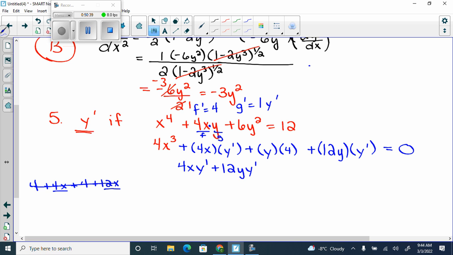And then everything without a y prime, I'm moving to the right. So I'm going to get minus 4x cubed minus 4y. So I literally just wrote the ones with y prime together and then put the ones without y prime on the other side. We agree? Does that make sense? What can I do now?